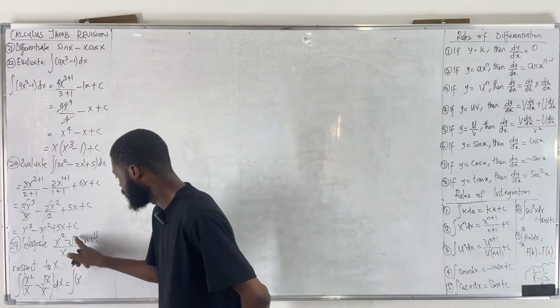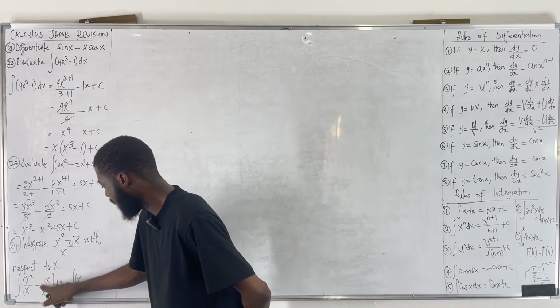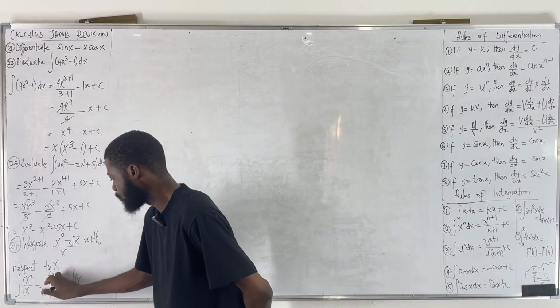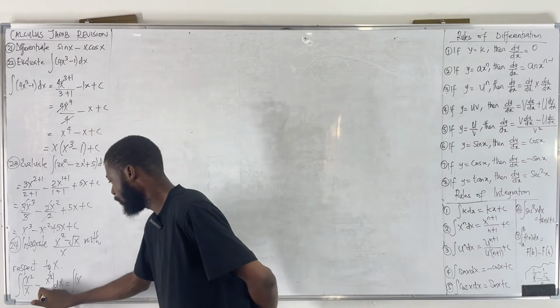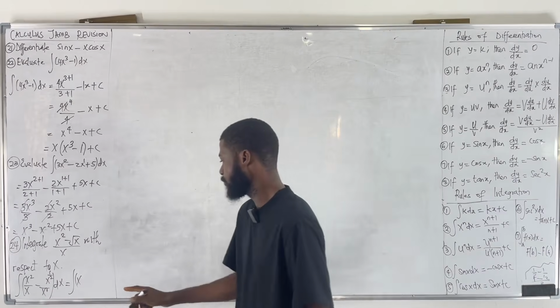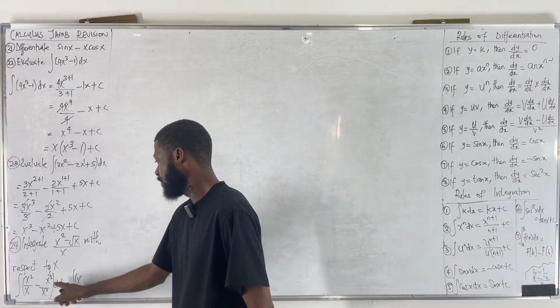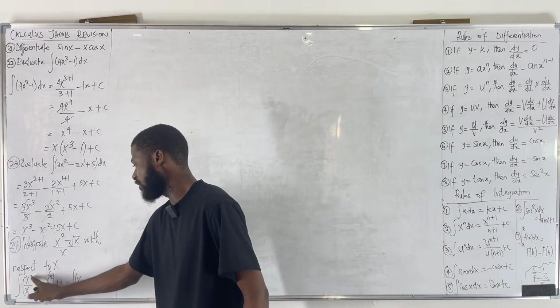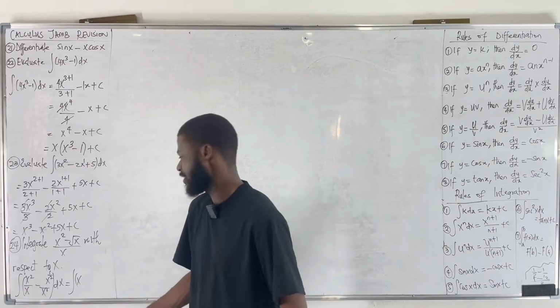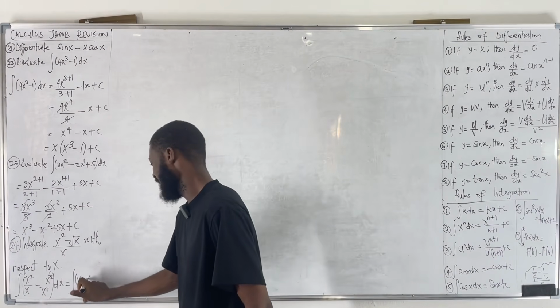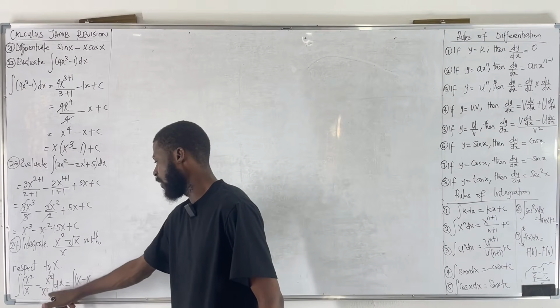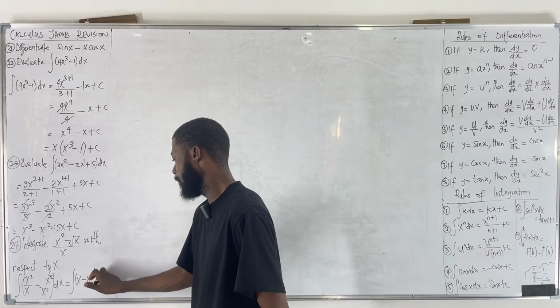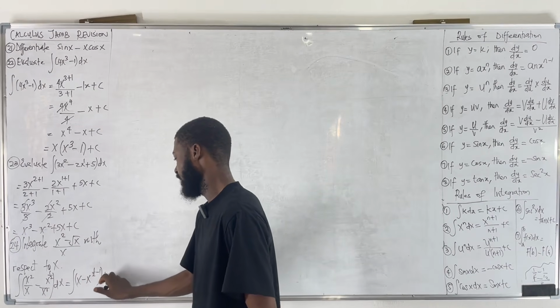Now remember that the square root of x on a normal day actually means the power is 1 over 2. Right? And then you put your 1 here. So this will be x, minus x to the power of 1 over 2 over x to the power of 1. This one, let's use the law of indices here. This will be half minus 1 dx.